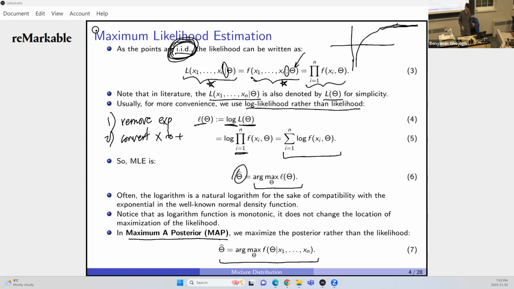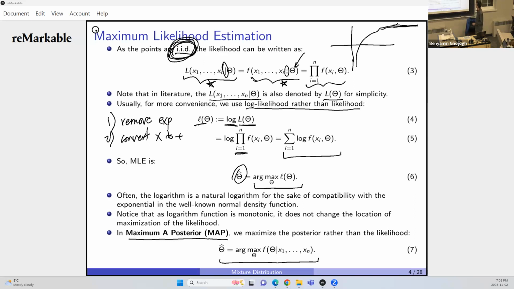For two reasons. First off, the multiplication is a pain in the neck, right? So we want to convert it to summation. Also, we know that we usually work with exponential family of distributions, and they have the exponential operator, which is a pain in the neck. In order to cancel it, we need the opposite operator, which is logarithm.